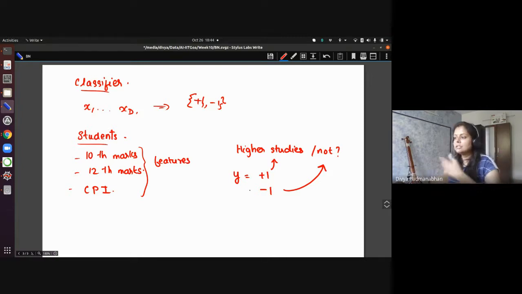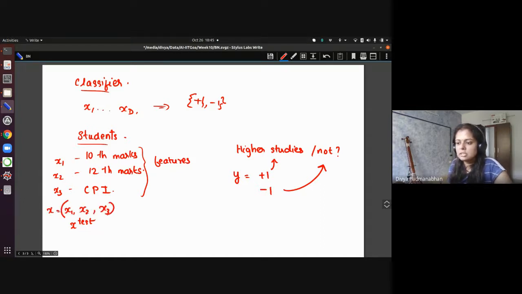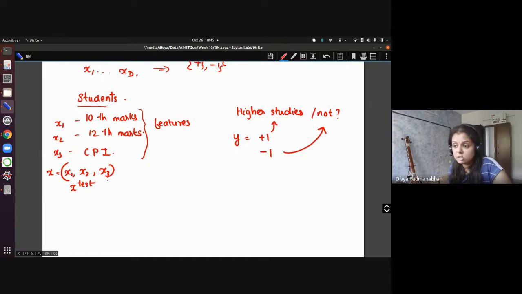And what I want to see is whether they go for higher studies, and maybe I have some access to some past data. What I want to do is, I'm going to get a new student. So there's going to be an x test, which is x1, x2, x3. So these are the features. I'm going to see a new test instance, which is x test, and this is going to be a vector again.